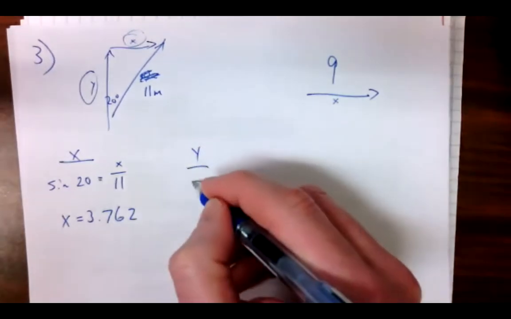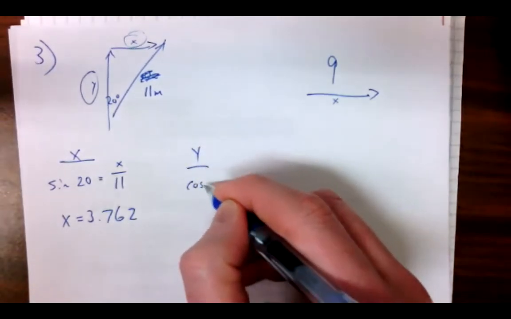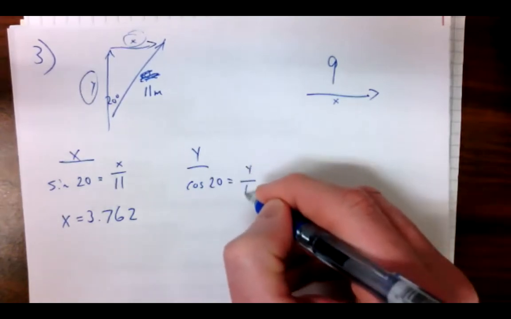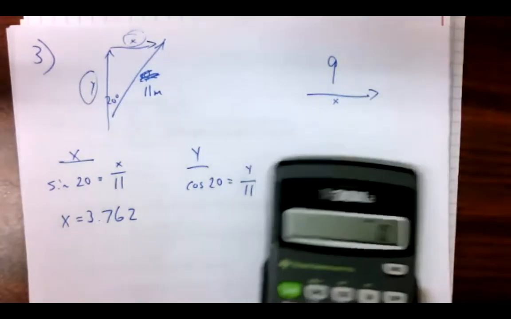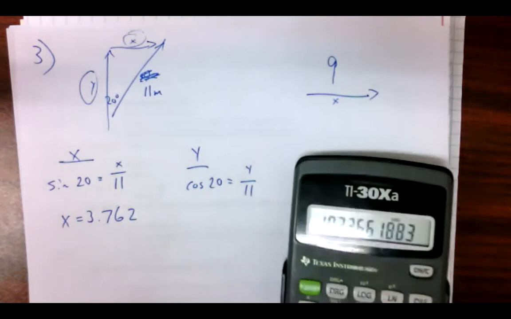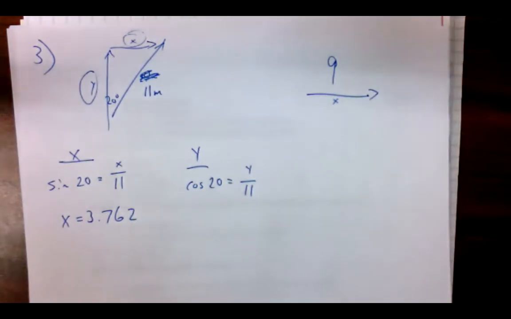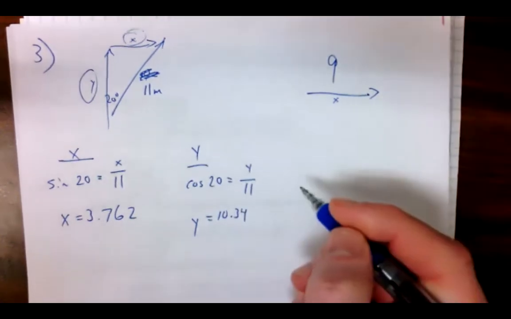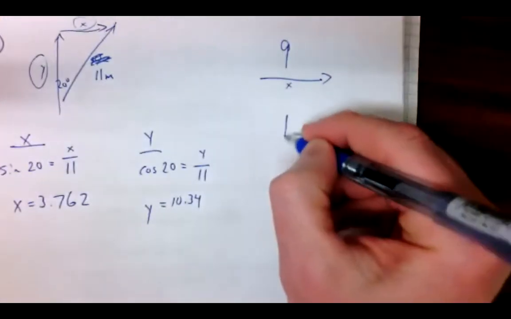The y part of it, cos of 20 equals y over 11. 20 cos times 11, 10.34. y equals 10.34.